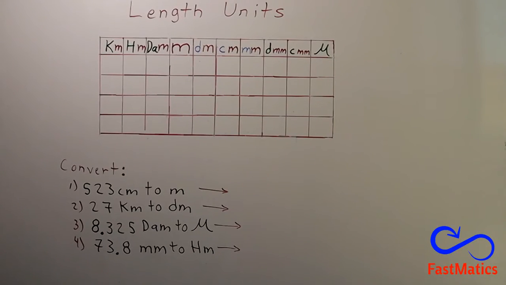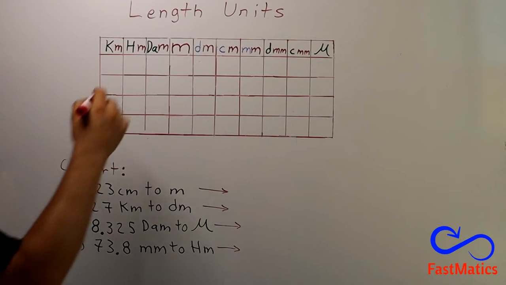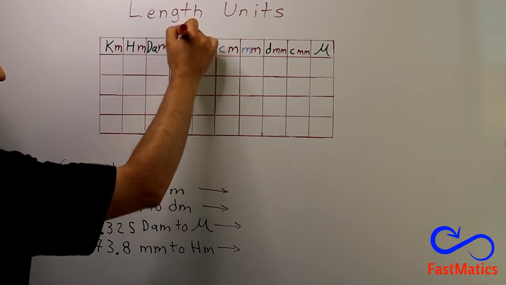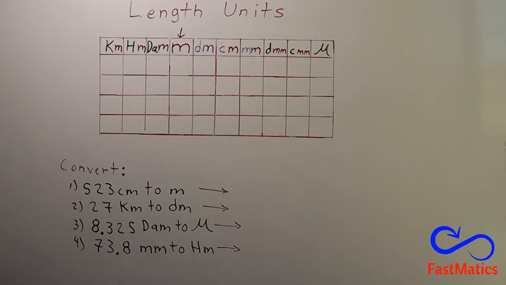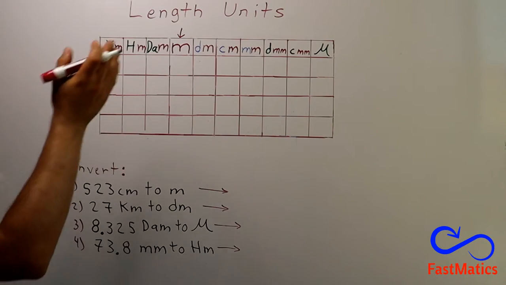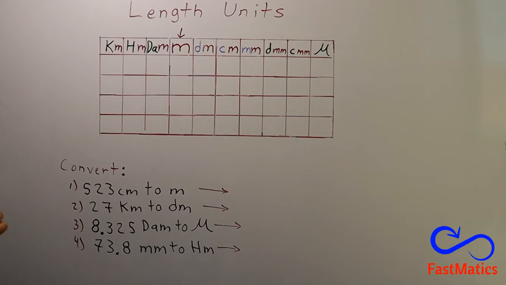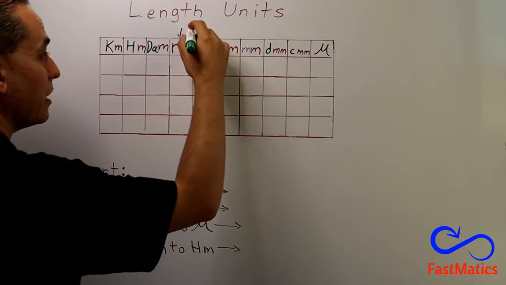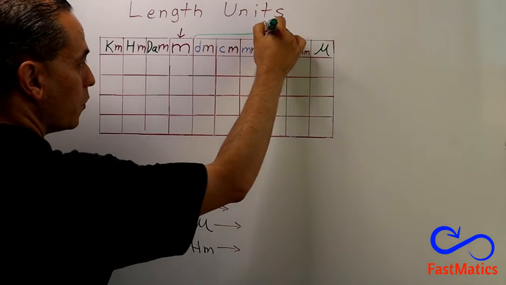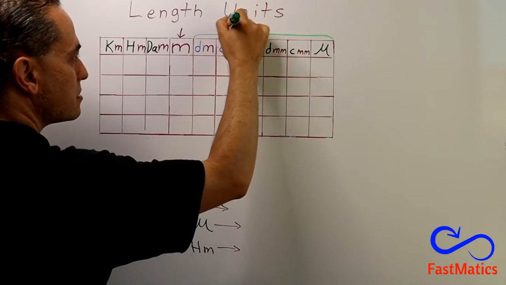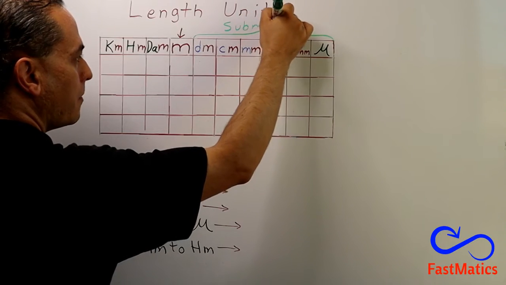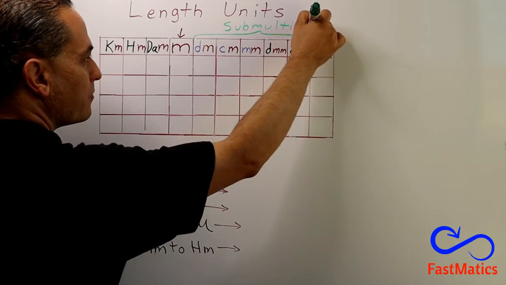First of all, we have to say that the meter is very, very important here, the main unit of this system. To the right, we're going to have the sub-multiples of the meter.